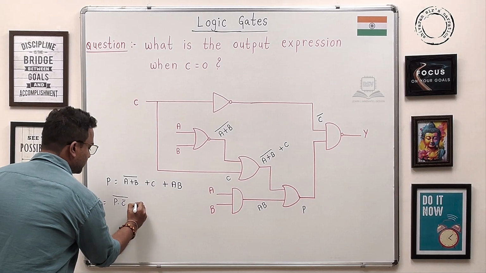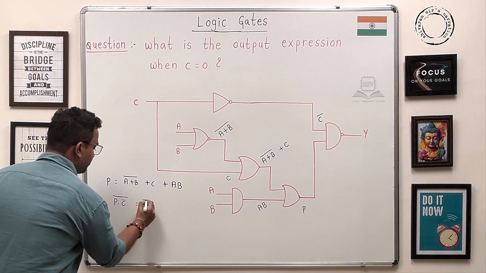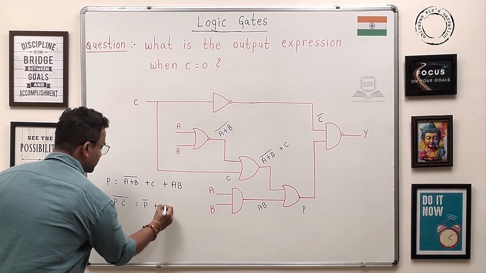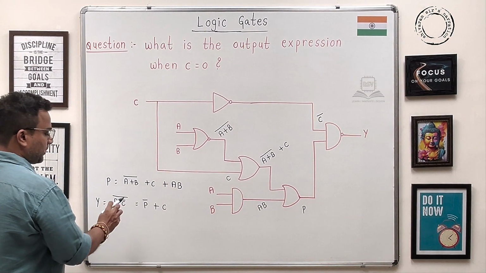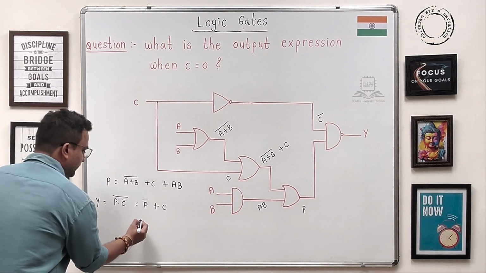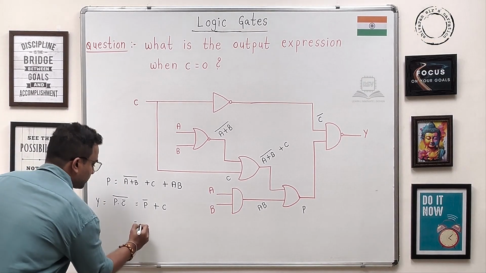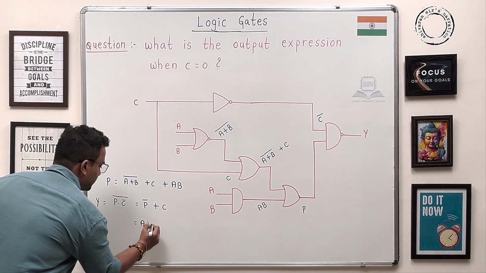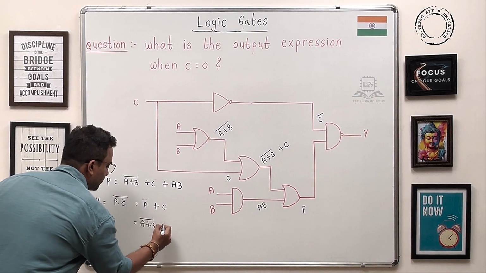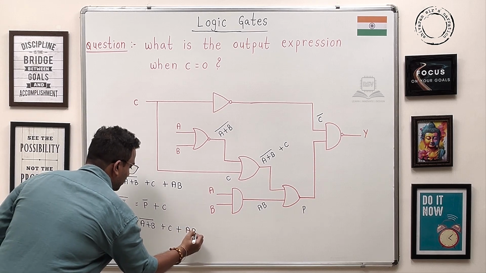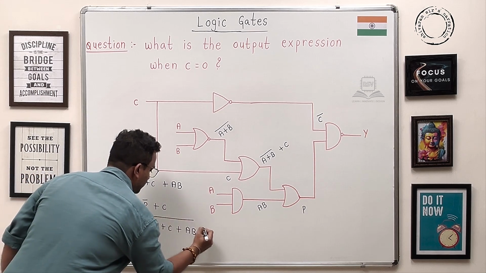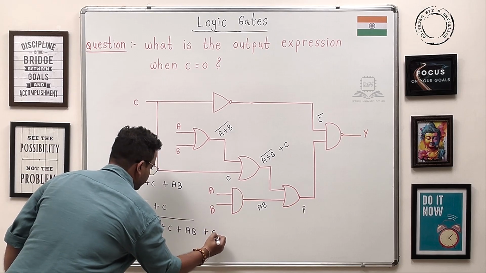So here it is P bar plus C, since C bar whole bar is C only. Now it is P bar plus C. What is P bar? This one: ((A plus B) whole bar plus C plus AB) whole bar, plus C.